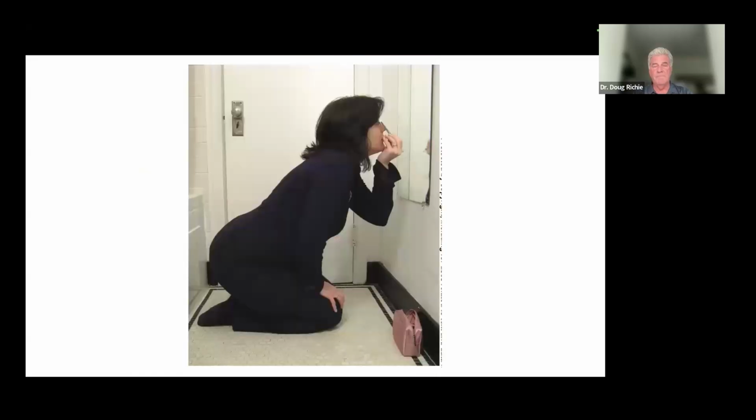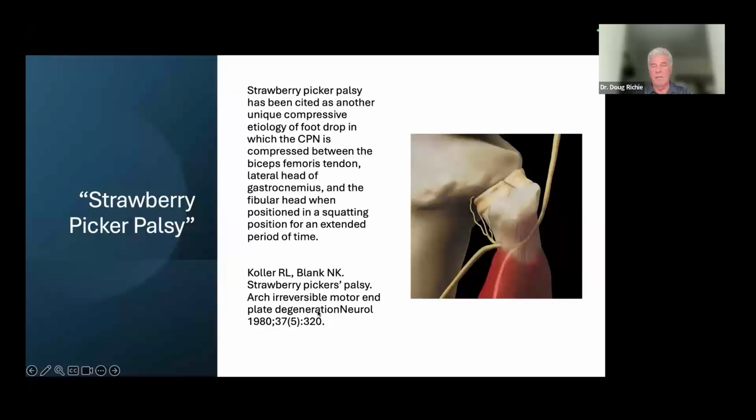So this is a well-known one: habitual sitting cross-legged can eventually lead to foot drop due to the compression neuropathy. Habitual kneeling in a hyperflexed position is thought to put traction on the biceps femoris. And this actually has a name.